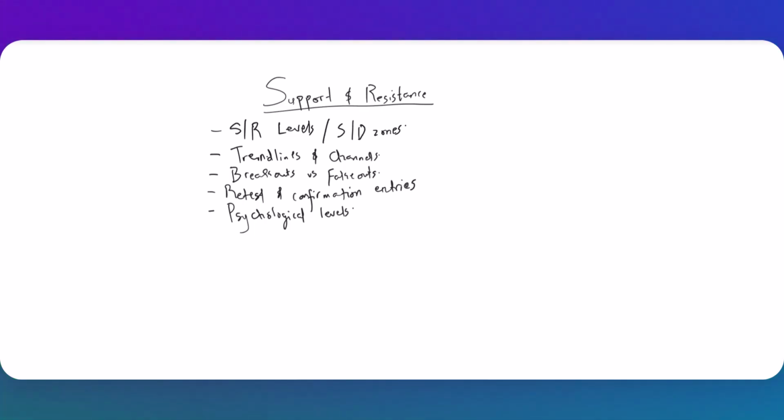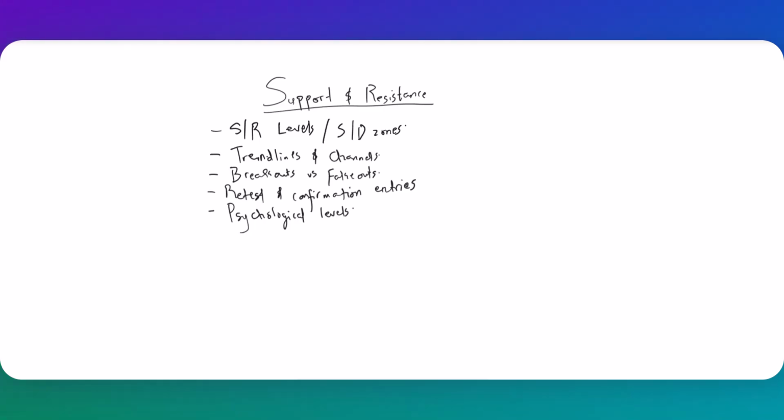So in this lesson, we are going to be covering a lot of things, just the main aspects under support and resistance. We are going to be covering how to correctly identify support and resistance levels, the power of supply and demand zones, how to use trend lines and channels for structure, how to avoid the deadly traps of fakeouts, and the secret power of psychological levels like round numbers.